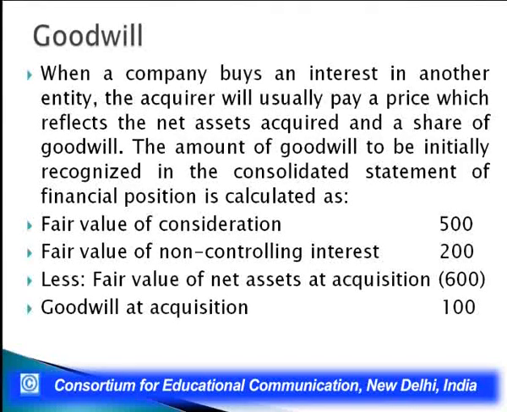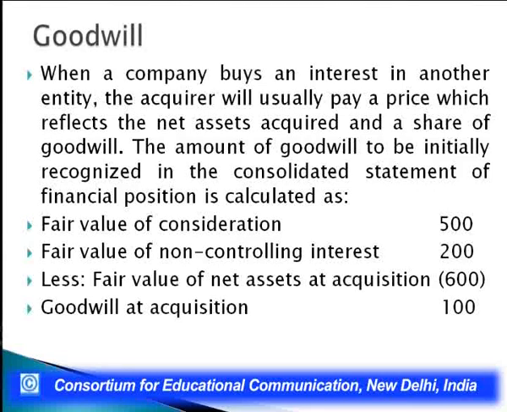How do we calculate? The fair value of consideration, in this example, is 500, right? And fair value of non-controlling interest is 200. NCI, if you remember, we discussed what NCI is.